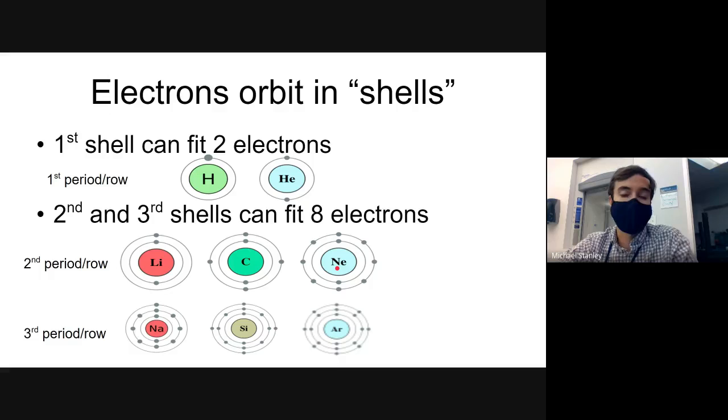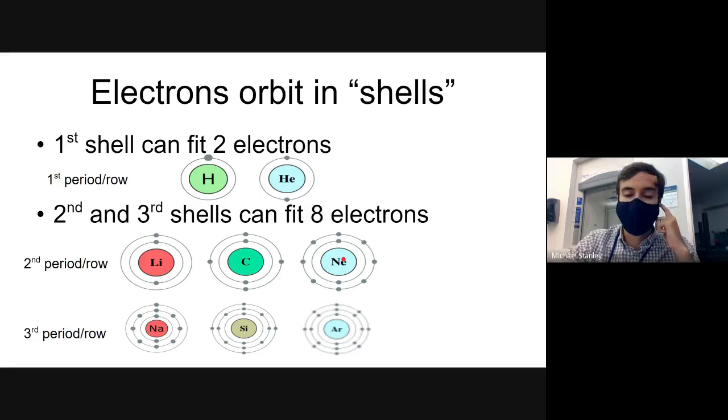So neon, the stuff that goes in like the signs in front of convenience stores, can fit 2 electrons on the first shell, but then that one's full, and then it can fit its remaining 8 electrons on the second shell. So 2 electrons plus 8 electrons gives us 10 electrons total, and that is how many electrons are in neon. So neon has a full first shell of 2 electrons and a full second shell of 8 electrons.